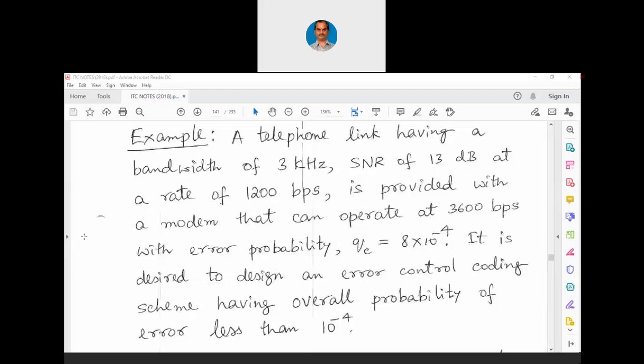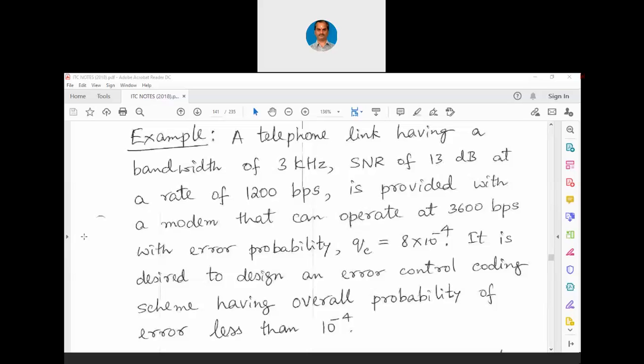The lesser the BER, the better is the communication. That is the conclusion. Ideally, BER has to be 0, but that is not possible. So, in general, bit error rate is always 10 power minus 2 or minus 3 or minus 4. That way they measure. The lesser the value of BER, the better is the communication.